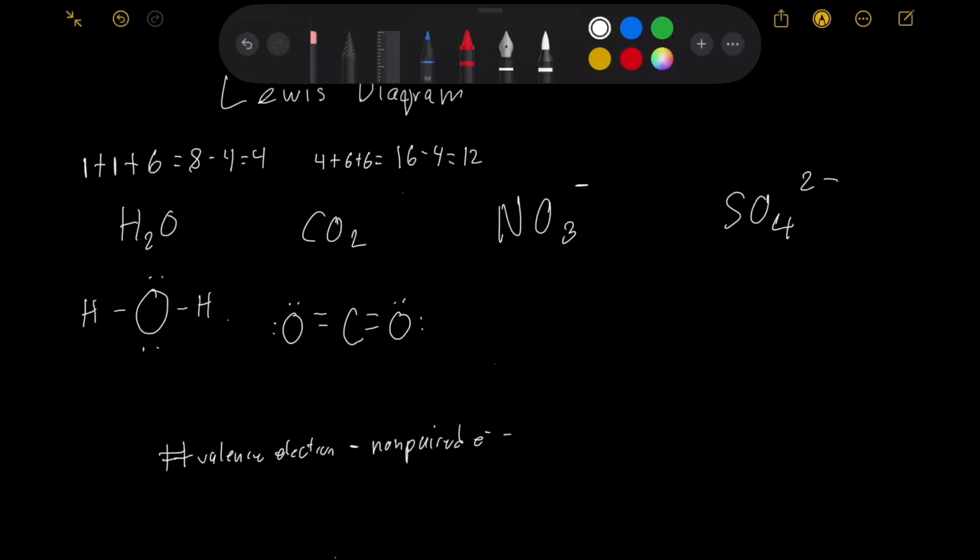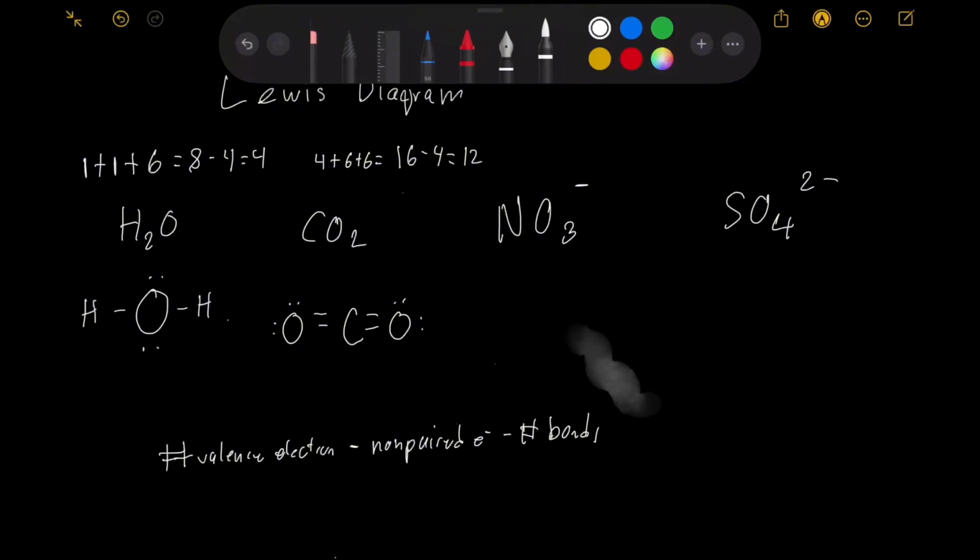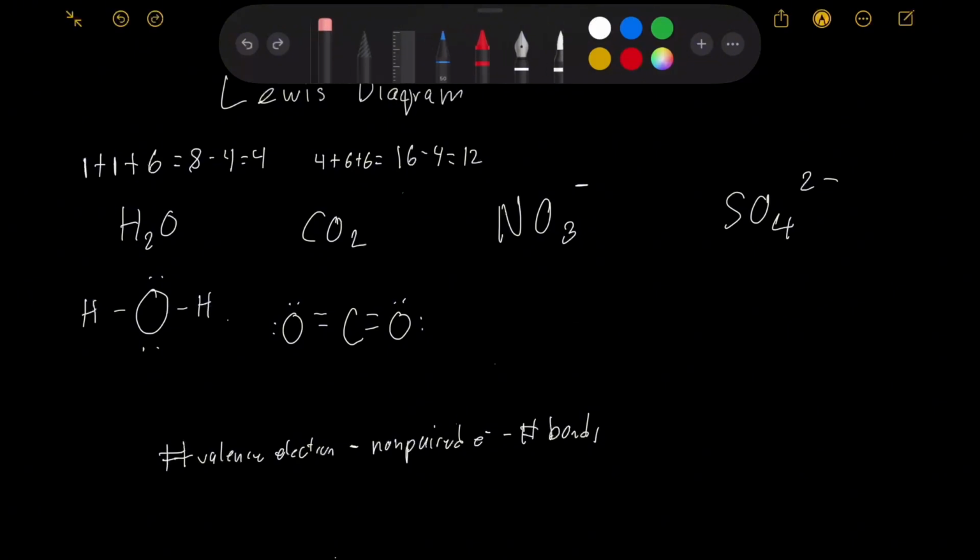You'll subtract the amount of bonds you have. Most sources will tell you bonded electrons divided by 2. You don't have to do that. I just put it as number of bonds.